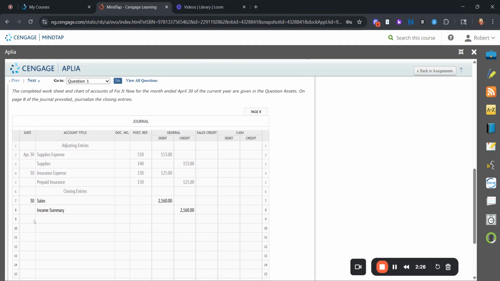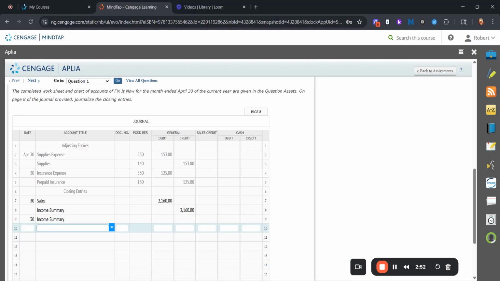Then the next step is we're going to have another line for income summary. We're going to put a date in for that one though. And we're going to leave these cells blank for now in the general columns.